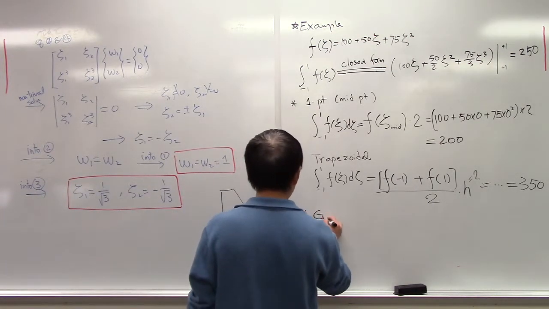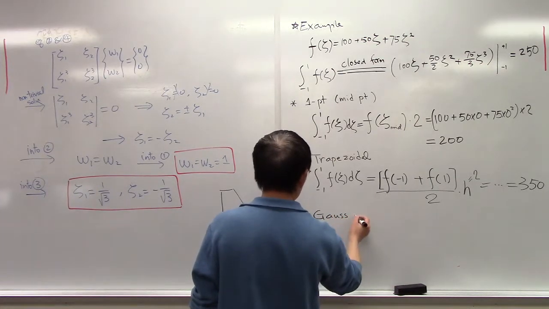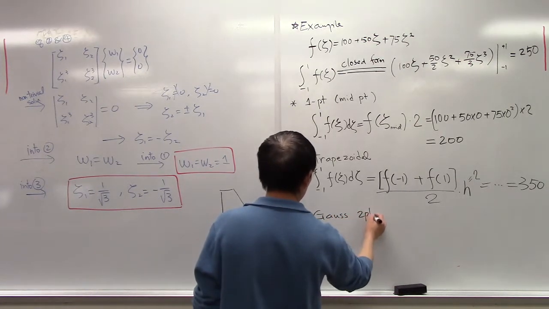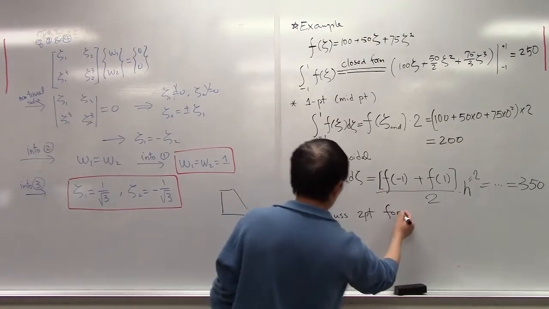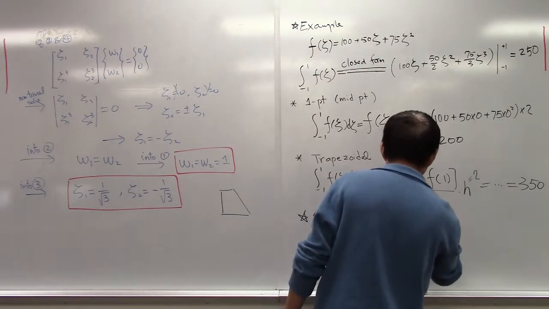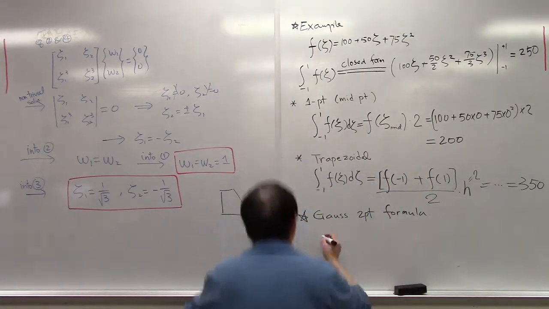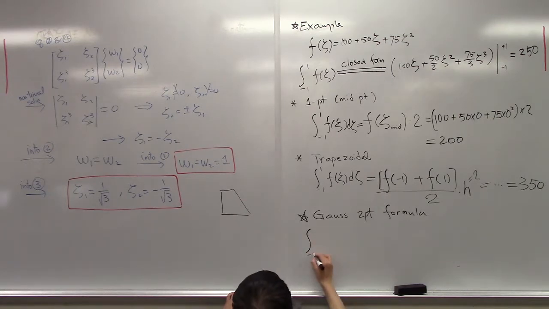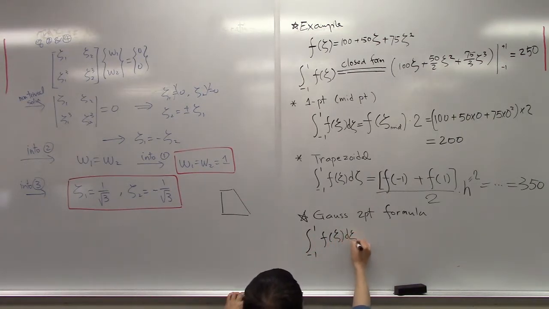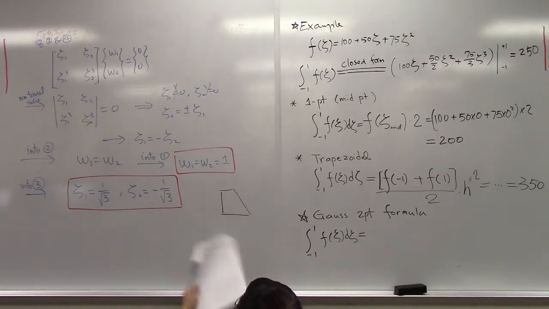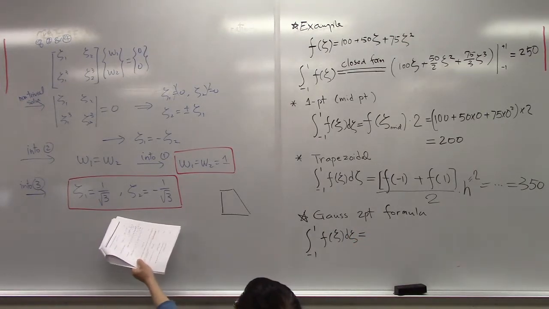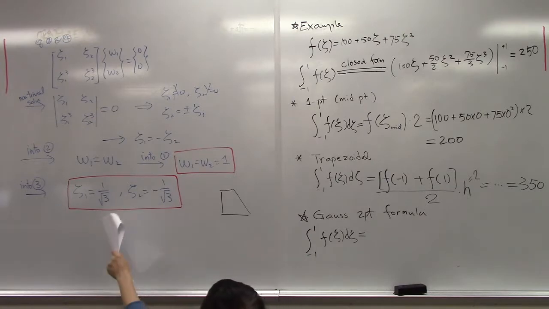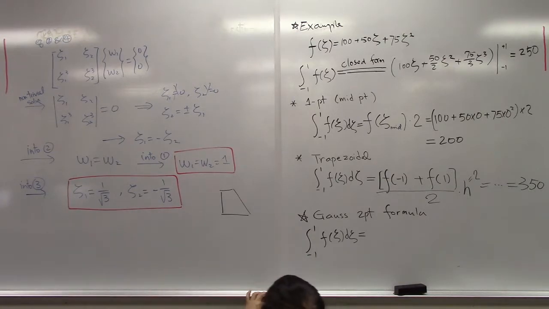Now let's use the Gaussian 2-point formula. Integral from -1 to 1 of f theta d theta. Let's see what the formula says. The function is first evaluated at the point 1/√3.